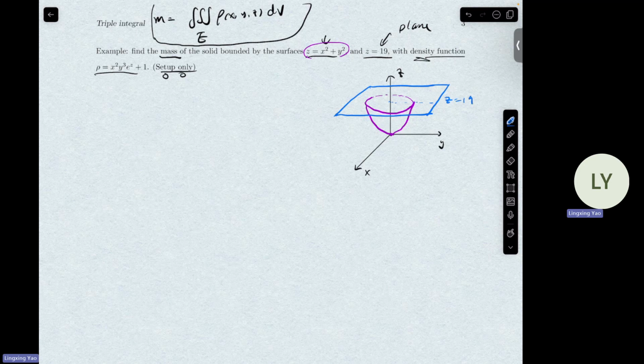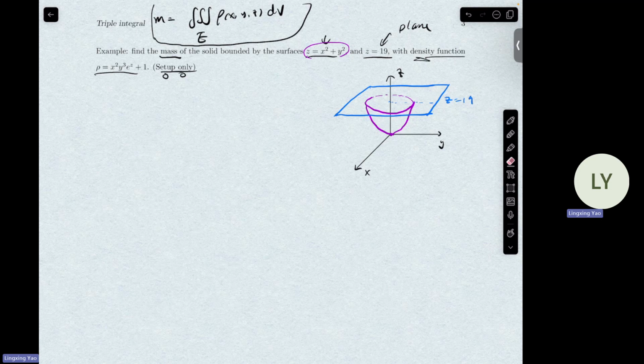So there are two things we would have to figure out, I guess. The first thing is where this solid really is. I guess it will be below this plane z equals 19 and above this paraboloid. It will be a little bit easier if we project it onto the xy plane, right?